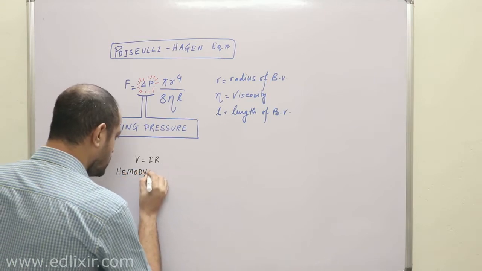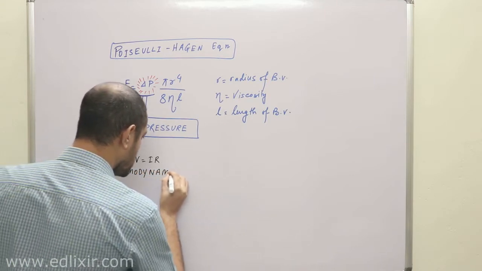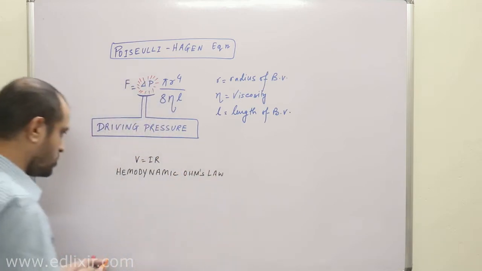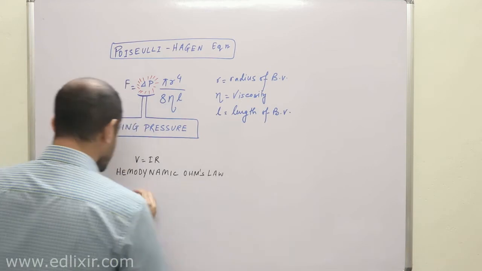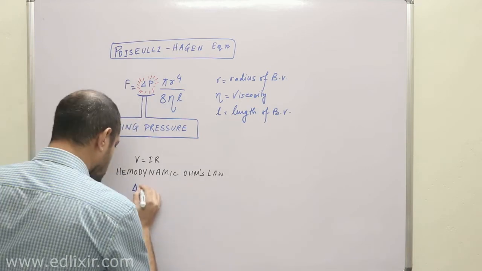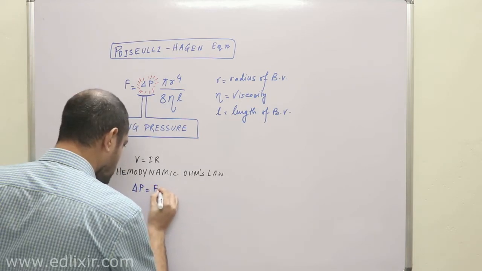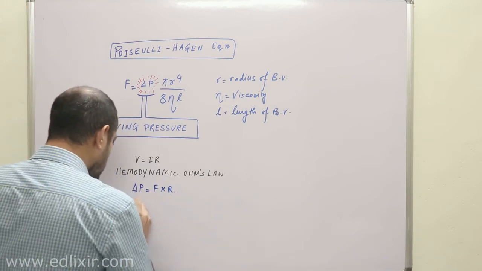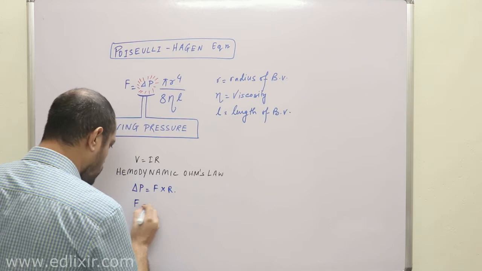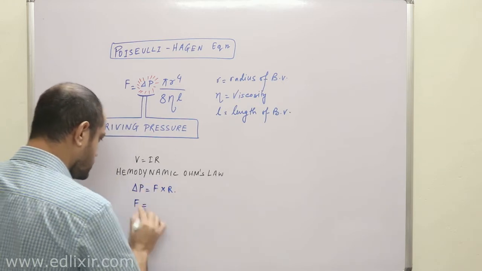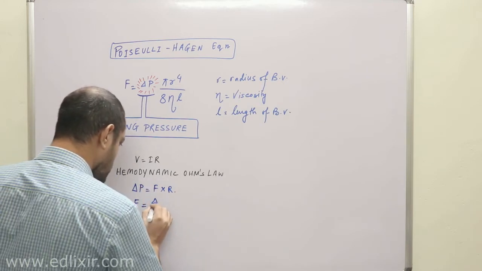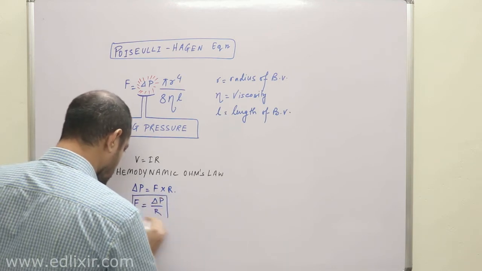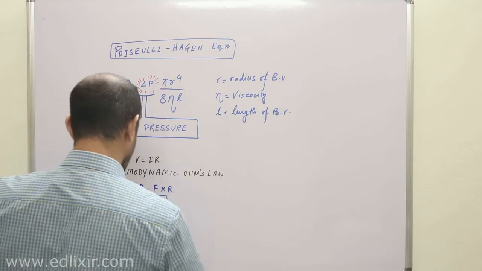Hemodynamic Ohm's law looks like this: delta P is equal to F into R, right? Now, if you make F or flow the subject of this equation, then this becomes delta P by R, right?